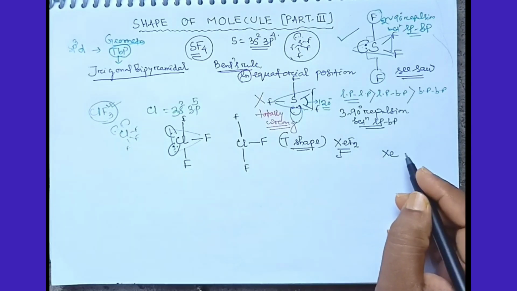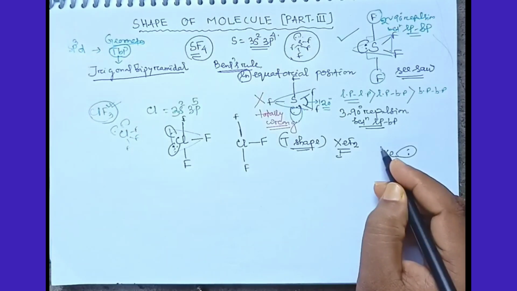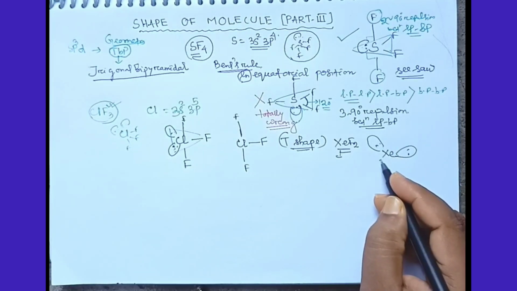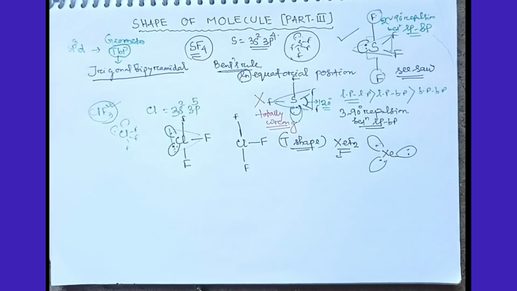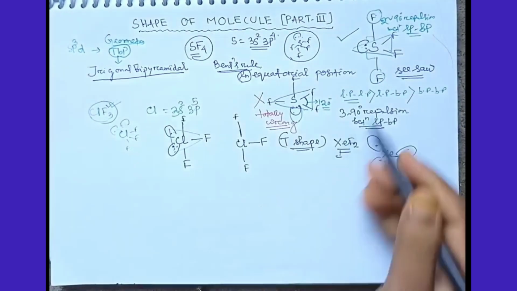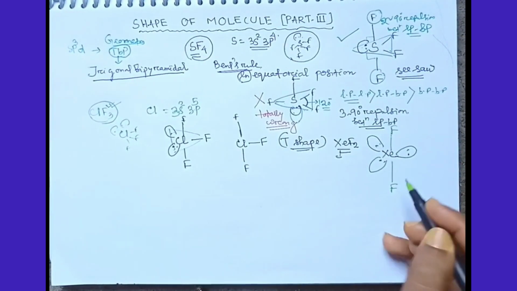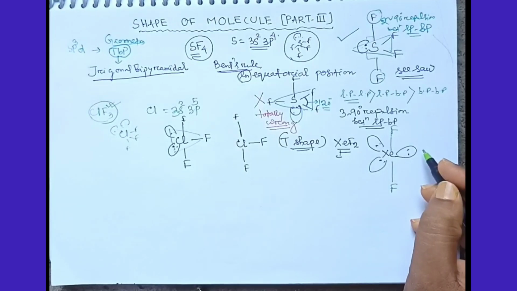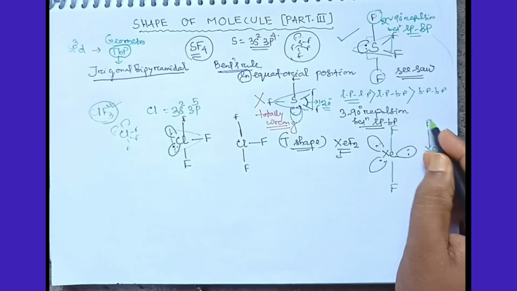So obviously we will put the lone pairs in the trigonal plane, and the 2 fluorine atoms we will put in the axial position. So if we forget about the lone pairs in XeF2, the shape will be linear.